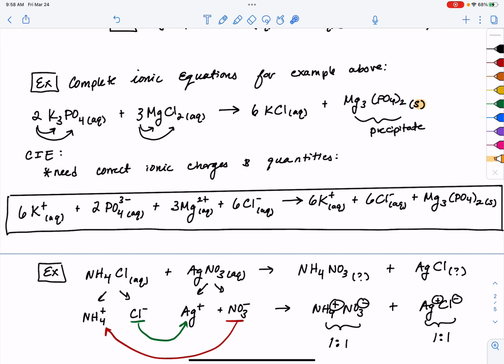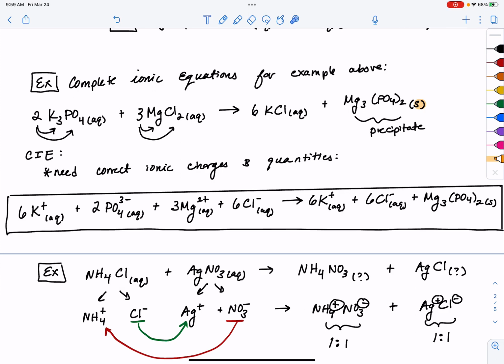So here, if I wanted to write the net ionic equation, I would need to neglect the presence of my potassium ions. There are 6 on both sides. And then the presence of my chloride ions, there are 6 on both sides, so I would need to show in my net ionic equation 3 magnesium cations associating together with 2 phosphate anions to create our solid insoluble magnesium phosphate product.